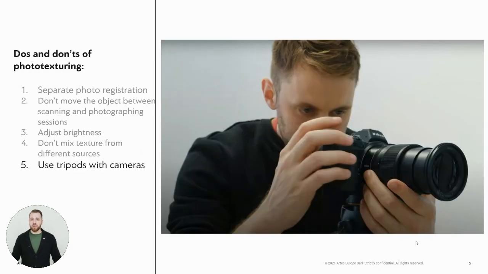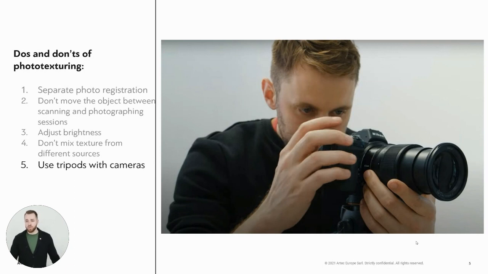Also, consider using a tripod. If you utilize an external camera, a DSLR camera for example, try to use it with a tripod when possible. And also consider using a stabilizer when using a phone camera for texturing. The thing is, in case of high exposure time, it will help you to generate fewer blurry, unusable images.